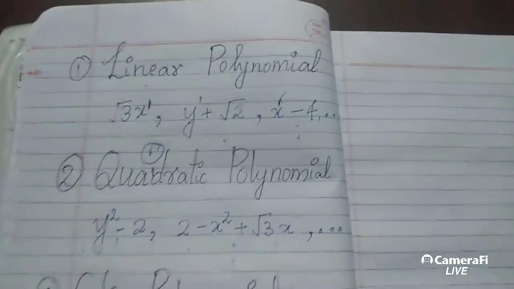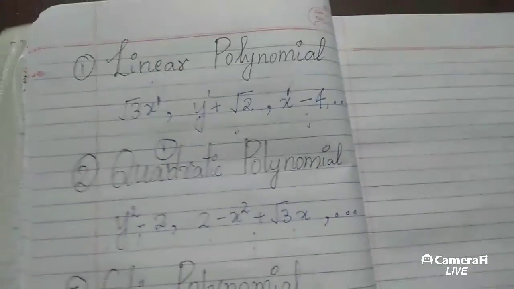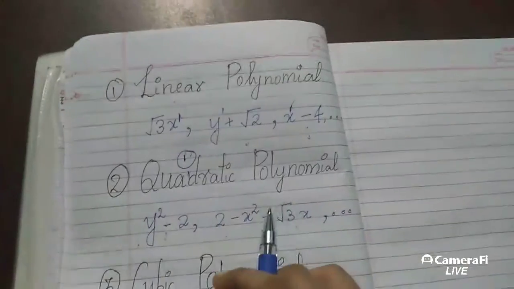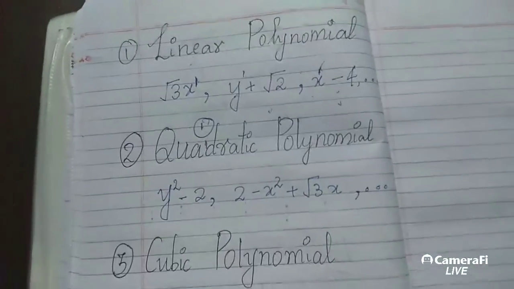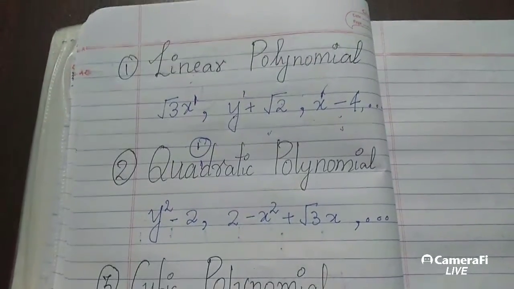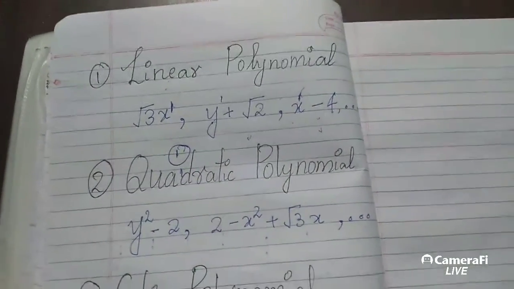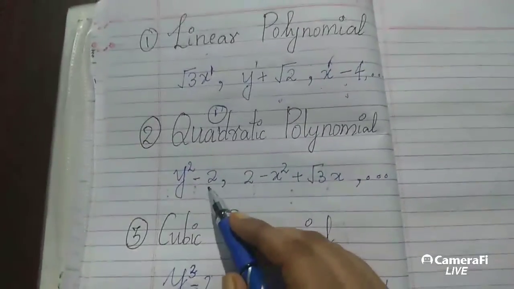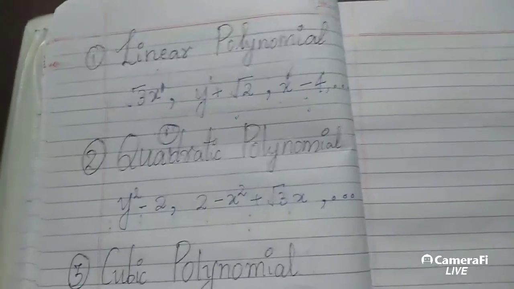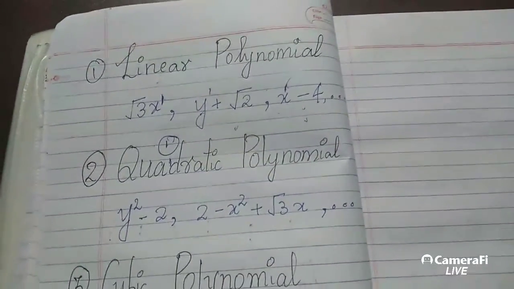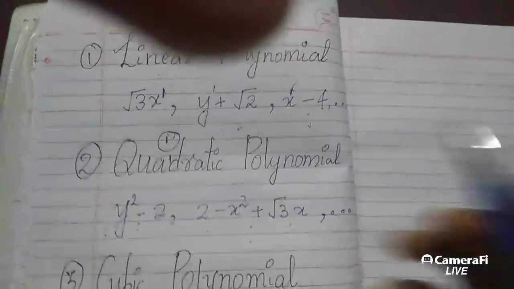Okay. Now, quadratic polynomial. As the name suggests, if the highest degree of the polynomial is 2, then it is known as a quadratic polynomial. Here there are a few examples. y square plus 2, minus x square, 2 minus x square plus root 3x.